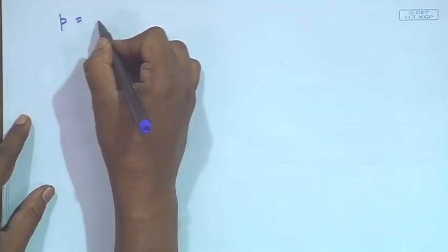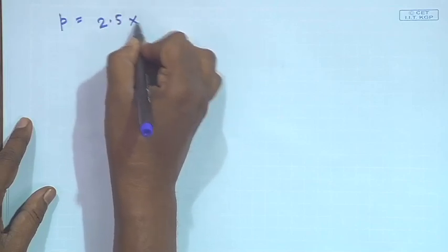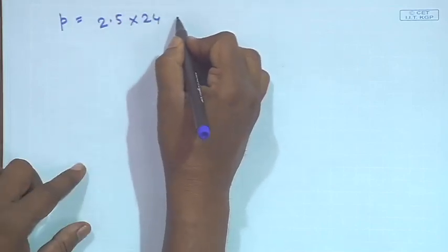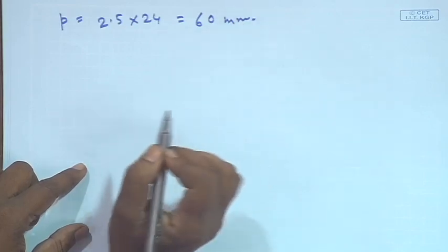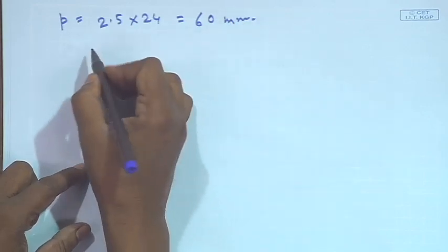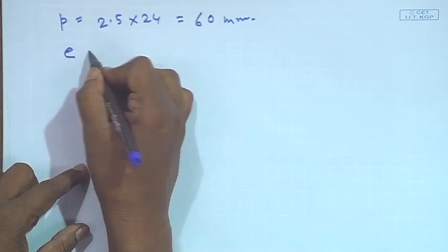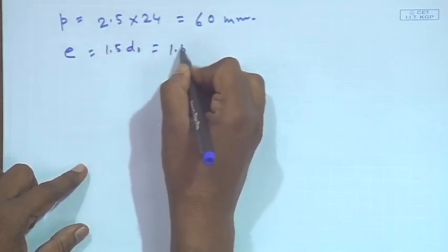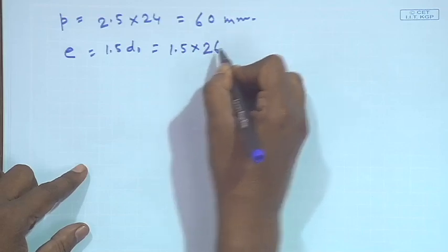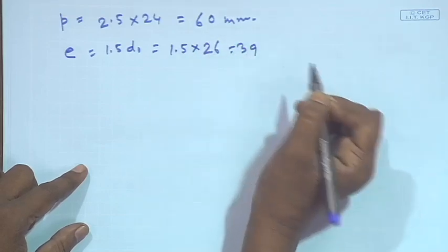Now, other details like pitch distance, we can calculate 2.5 into 24, 2.5 D. So, this will be 60 mm, and the minimum edge distance will be 1.5 into D0, that means 1.5 into 26, so it is coming 39, right.